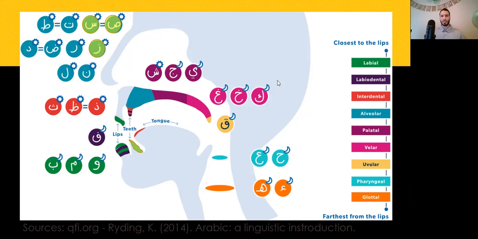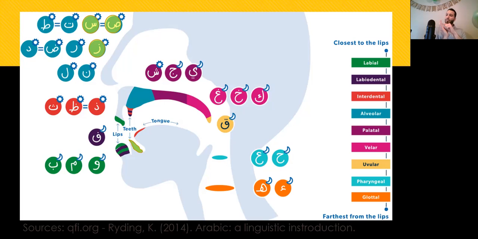I took this picture from this site here, and I overwrote it. This green area has been changed, and I changed these colors because they clashed with this blue. So the zay, the sin, and the sod, when you pronounce them, you really have the tongue kind of straightforward, almost like this.